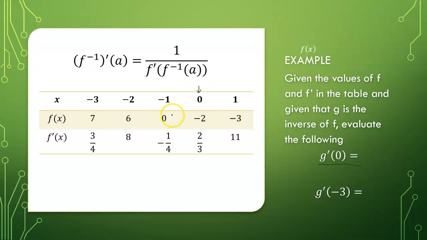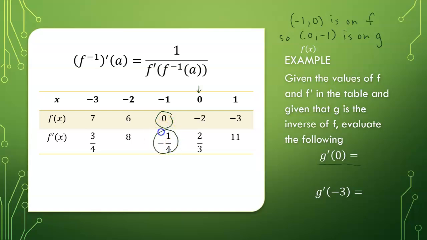I'm going to look at y equals 0 because it means (-1, 0) is on f, so (0, -1) is on g. And that means that the slopes at those two points are reciprocals.